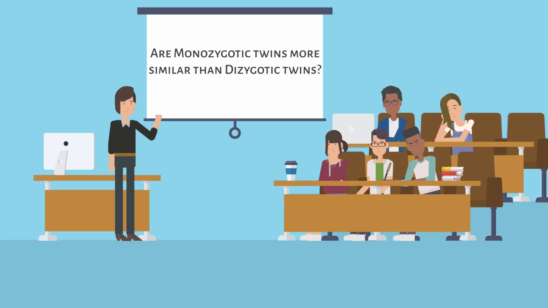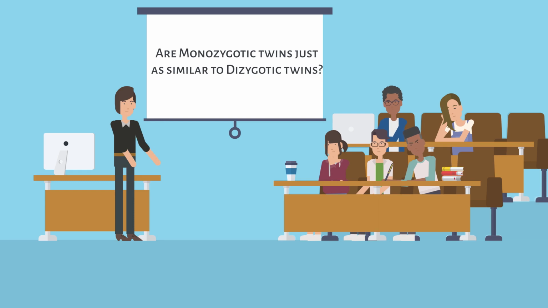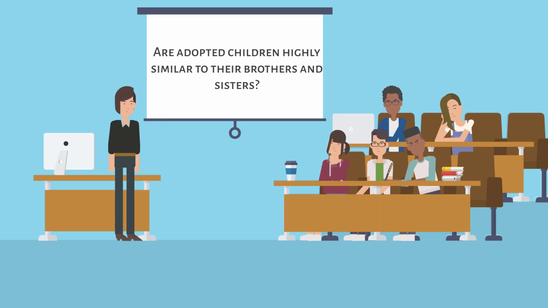On the other hand, a critic could say, well, maybe monozygotic twins will be treated more similarly than dizygotic twins, both within the family and outside the family, because they look so much alike, so we have to bear that qualification in mind. You might ask, what if monozygotic twins turn out to be just the same as dizygotic twins? Well, that shows the genes don't matter that much. What about adopted children?